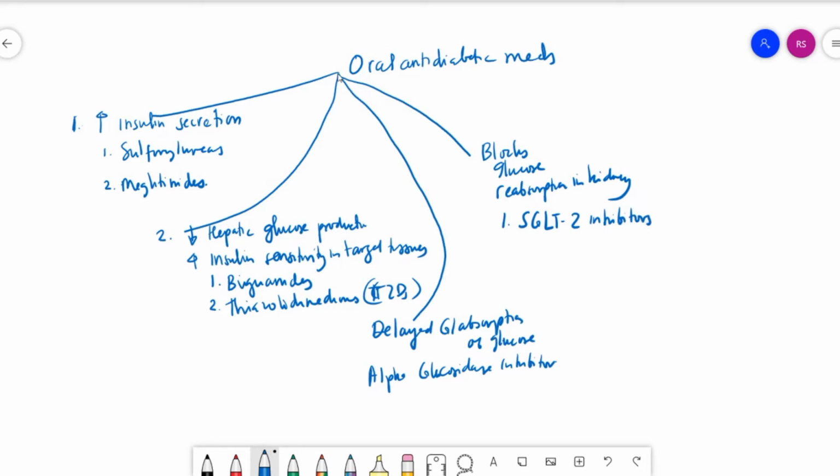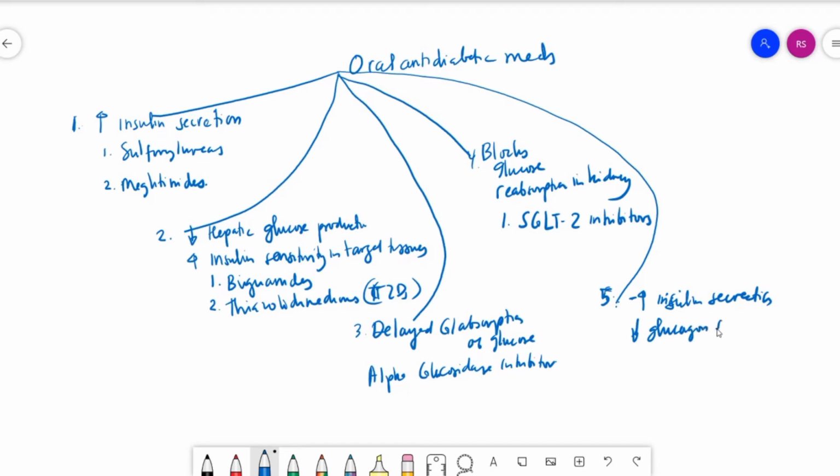And the last class, based on its function, I forgot to put the number here, is number 5. The mechanism of action for these drugs is to increase insulin secretion, decrease glucagon secretion, and delay gastric emptying.